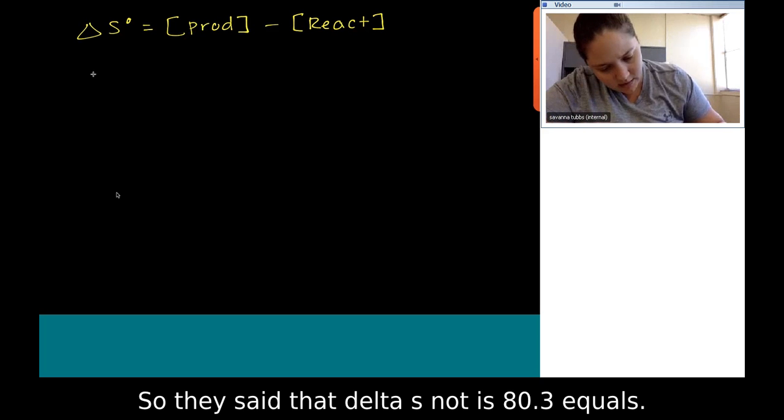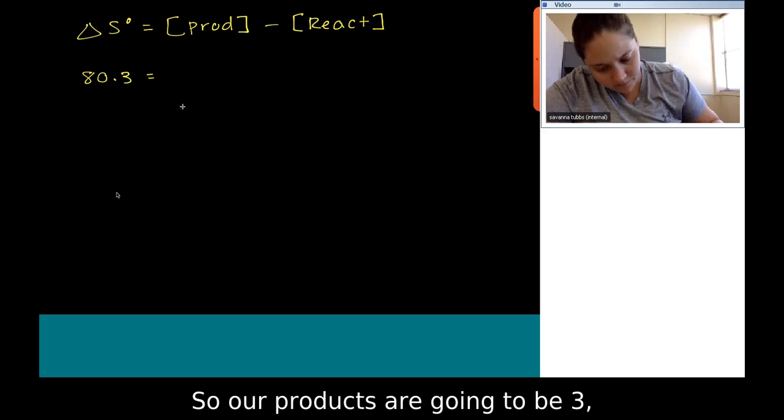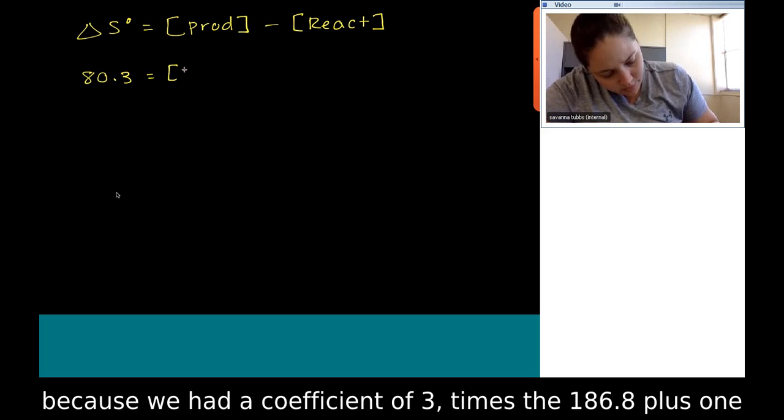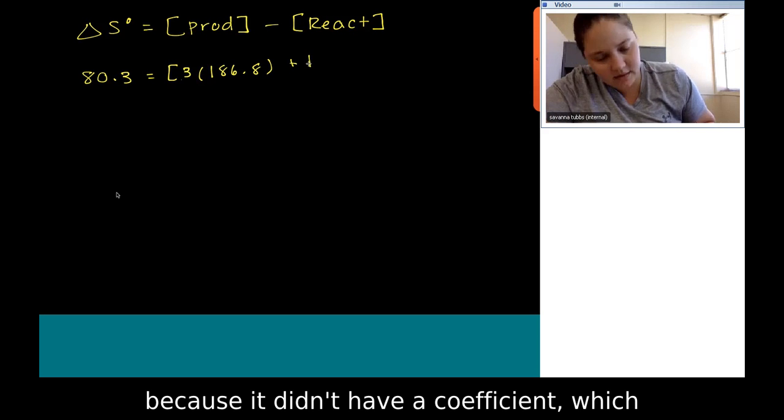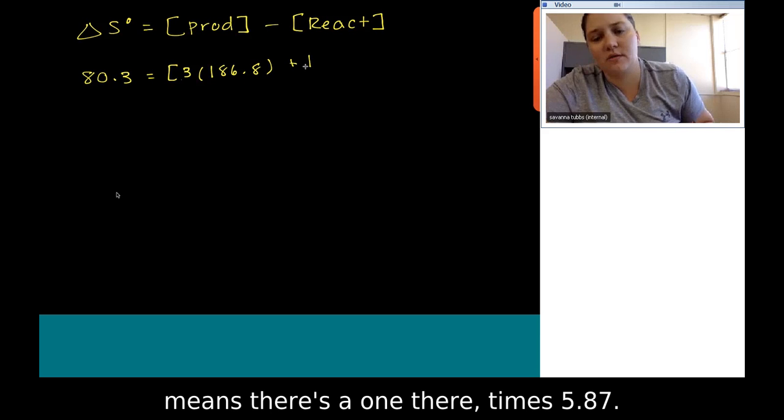So they said that delta S naught is 80.3 equals, so our products are going to be 3, because we had a coefficient of 3, times the 186.8 plus 1, because it didn't have a coefficient, which means there's a 1 there, times 5.87.